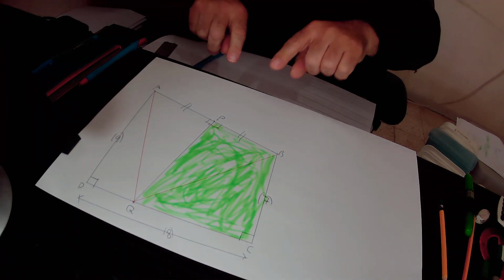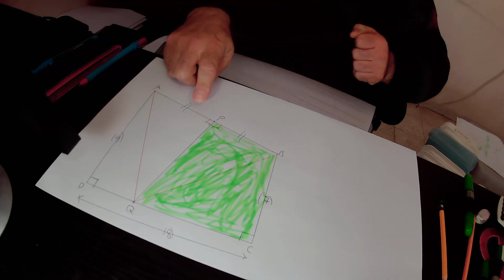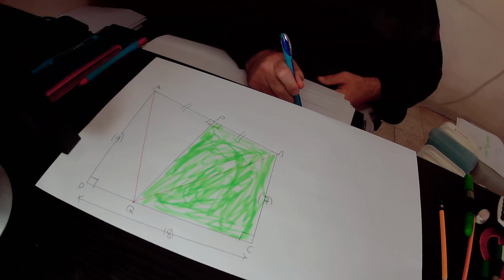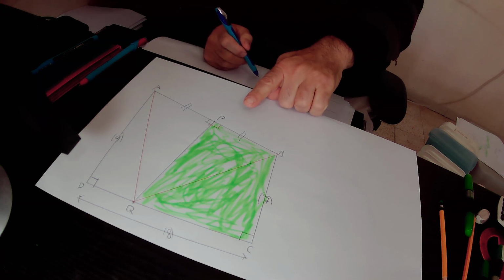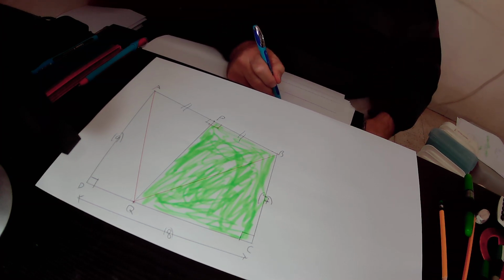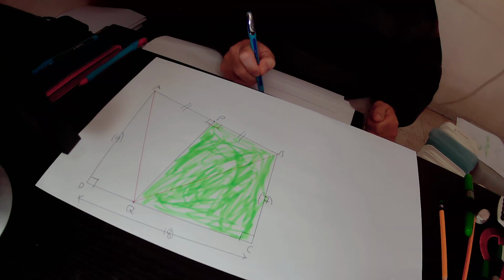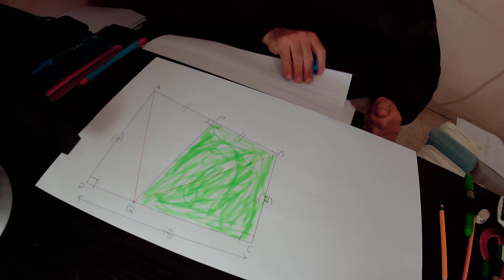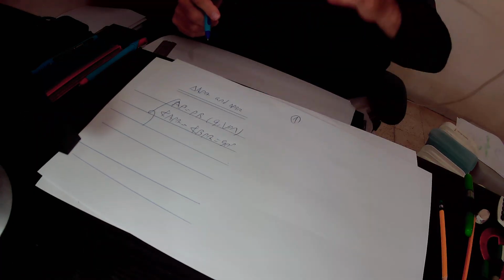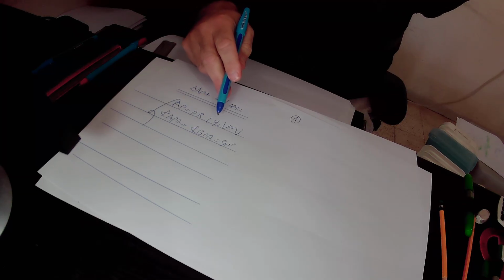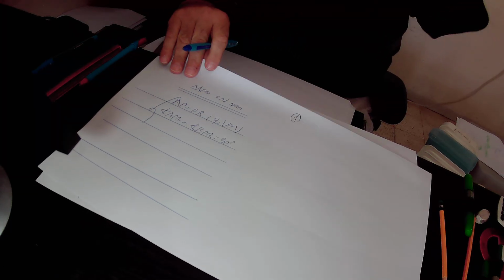In addition, those two angles are both right angles and therefore they are equal to each other. Angle APQ of the right triangle equals angle BPQ of the green triangle. They are both equal to 90 degrees and therefore they are equal to each other.